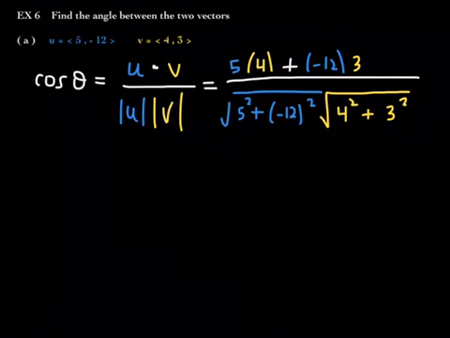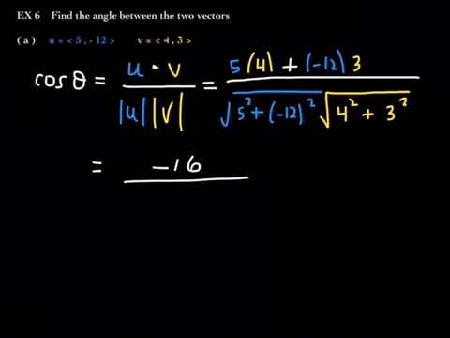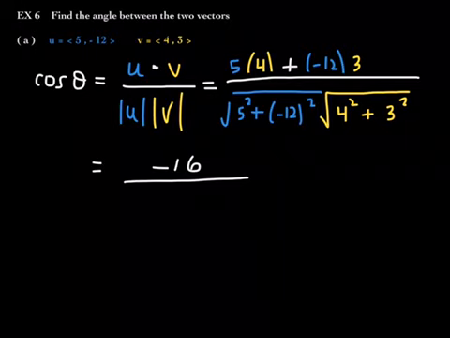All right, so then the numerator will be 20 minus 36, which is negative 16. Right there, everybody, stop right there. The dot product is negative. That tells me that the angle between my two vectors is obtuse.